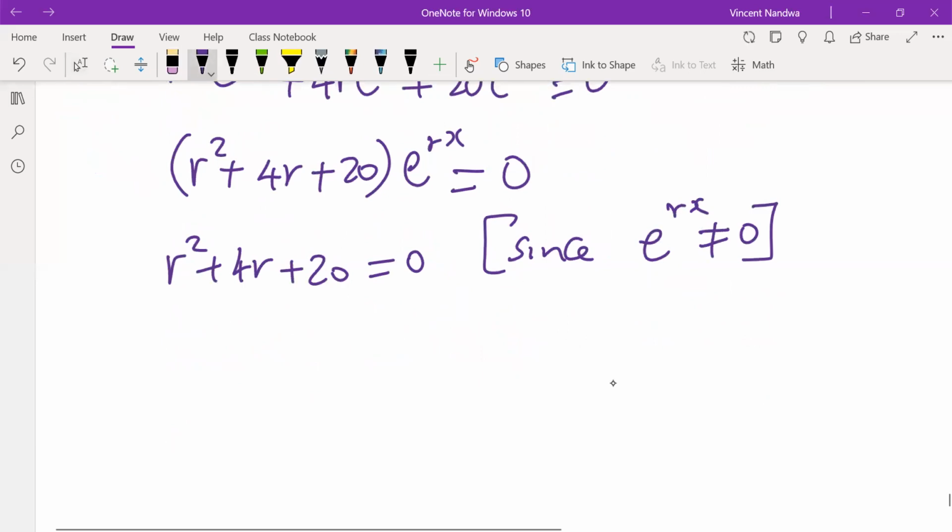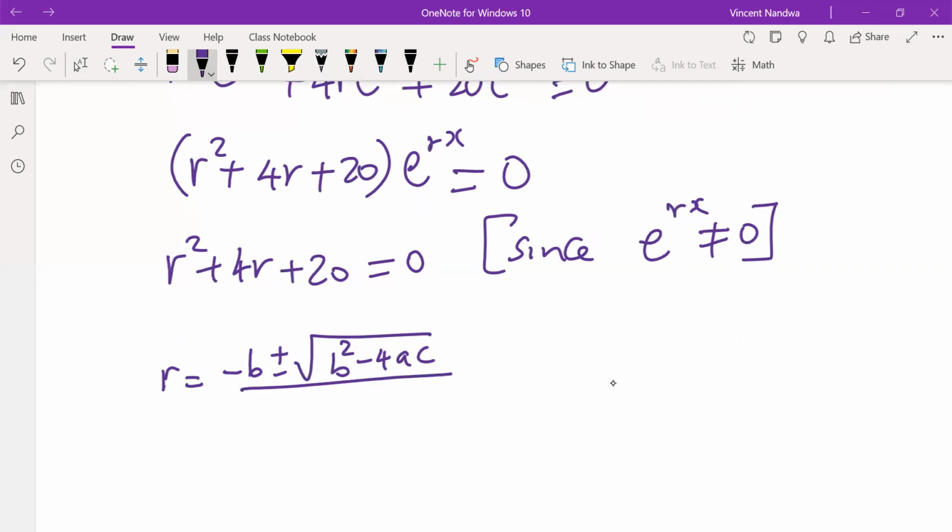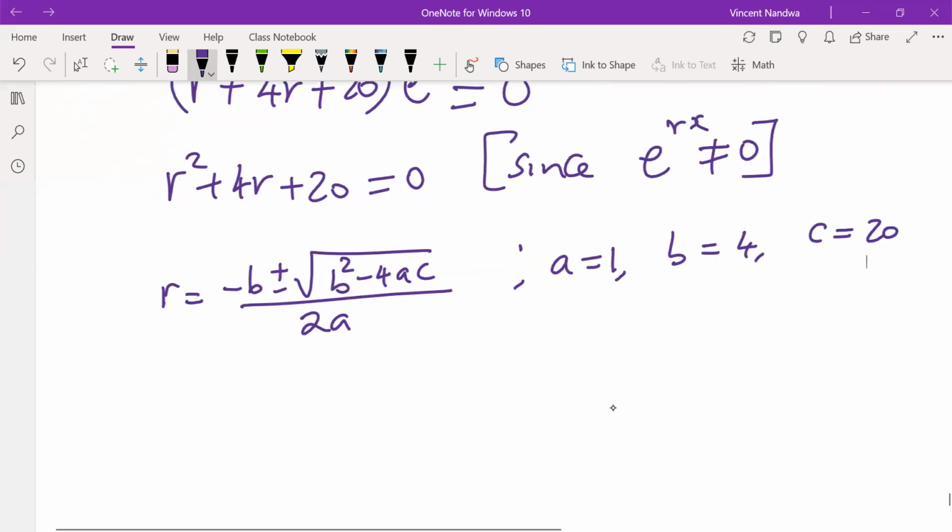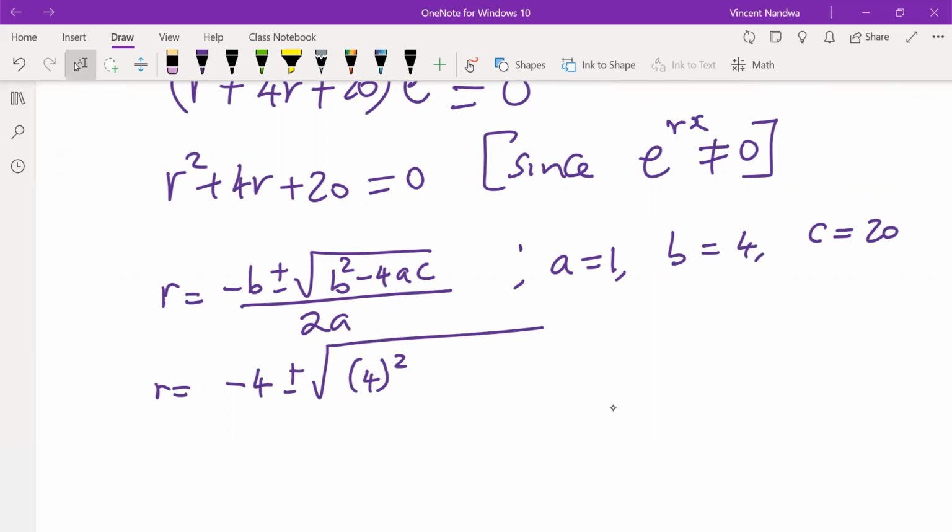So this one, we have to use the quadratic formula. r is given by minus b plus or minus square root of b squared minus 4ac, over 2a. Remember, a is 1, b is 4, c is 20. So r will be minus 4 plus or minus square root of 4 squared minus 4 times 1 times 20, divided by 2 times 1.